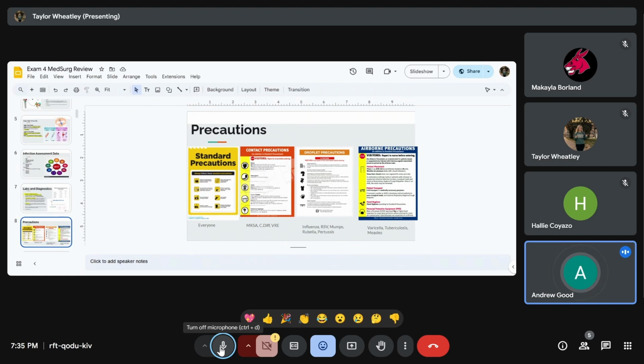Some people don't wear gowns with this, but gown and glove as well. Used for influenza, RSV, mumps, rubella, and pertussis. And then airborne precautions, what we talked about earlier, that I need to go fix on Kahoot, is that N95. You want to wear an N95 or PAPR, and they need to be in a negative air pressure room. This is for varicella, tuberculosis, and measles.